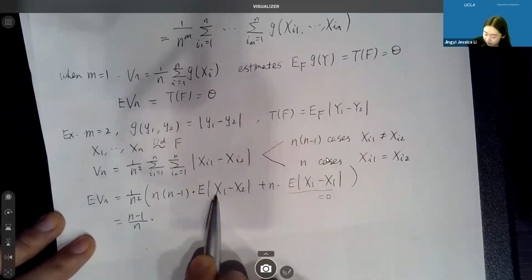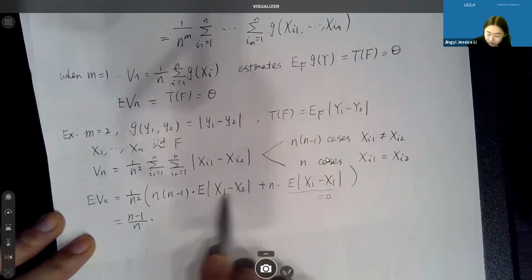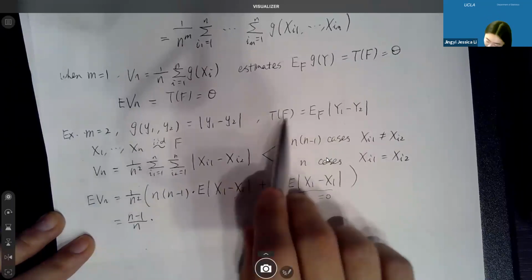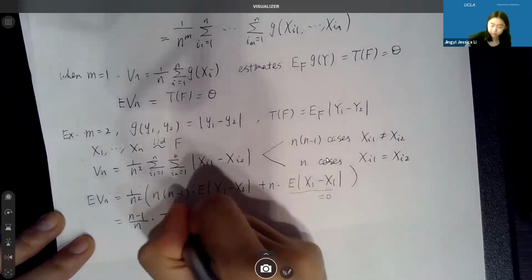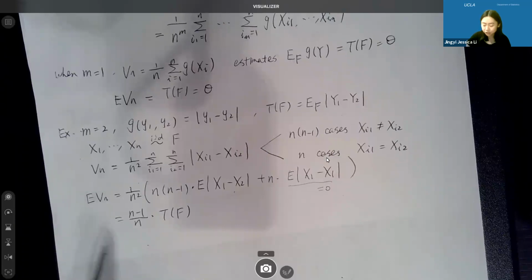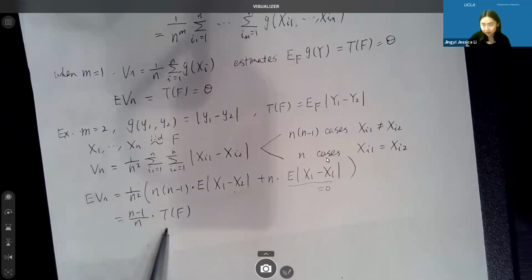And because x1, x2 follow what? They follow the F distribution. So that's why this is exactly TF. So you see, I have a bias here. So the V statistic no longer has its expectation equal to TF.